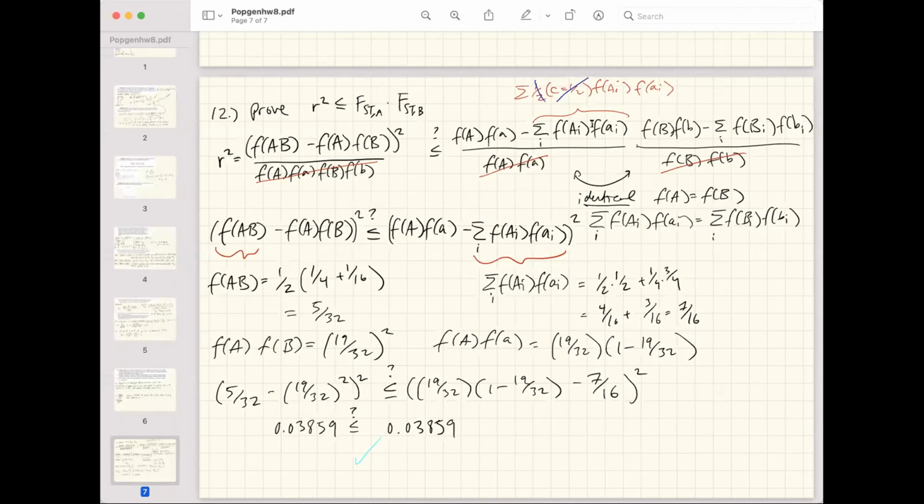So over here we have r squared, then these are the FST terms. And these are basically identical because A and B had the same statistics, so you could think of them as one of them squared. On the other side, we got this here. Cancel the denominator. Then we already calculated FAB and this one as well.